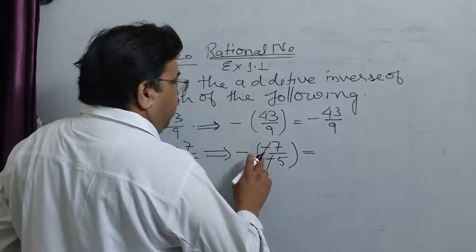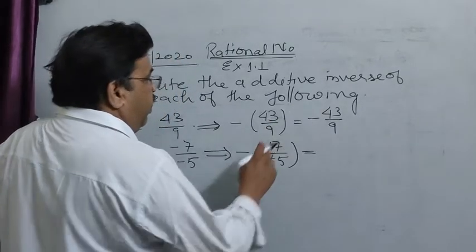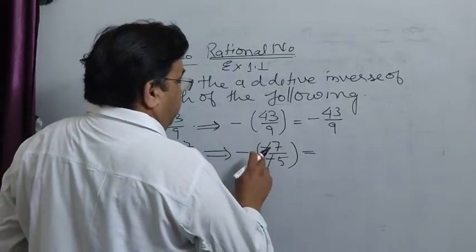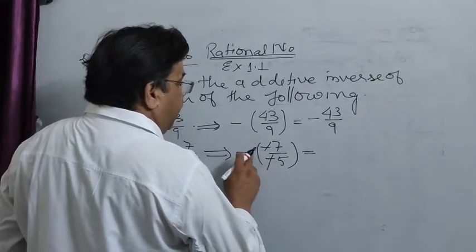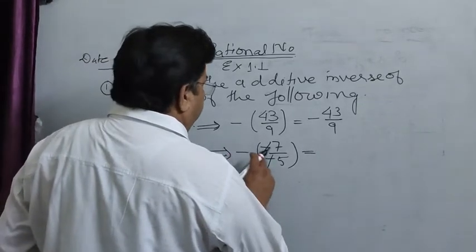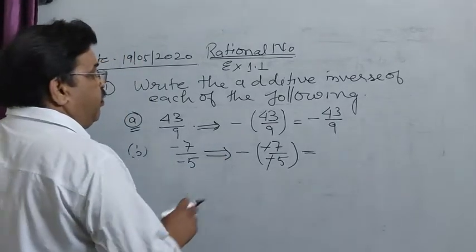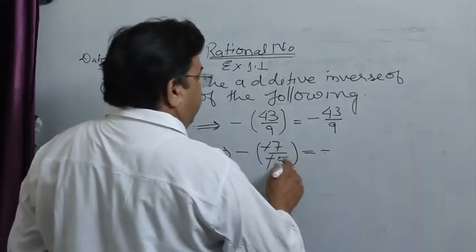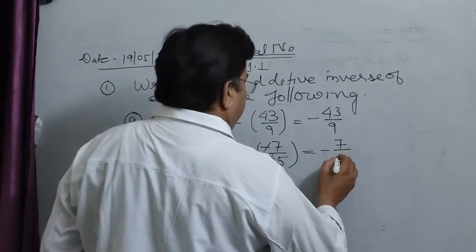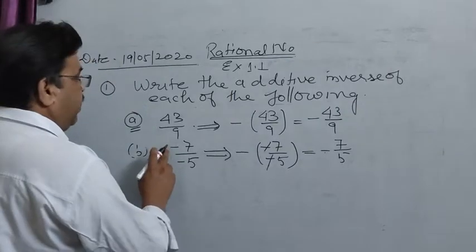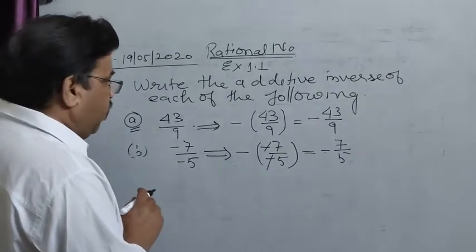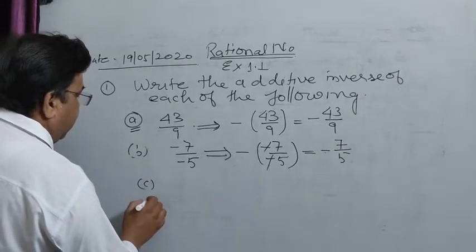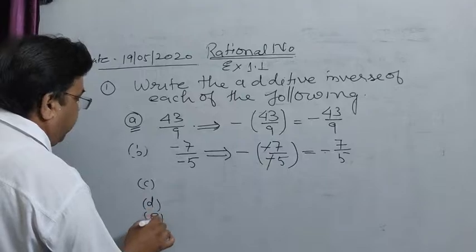When minus is cancelled by minus, the remaining sign is positive, and when we multiply different signs, positive and negative give a negative sign. Now you can write the additive inverse of -7/-5. You can solve questions C, D and E at home by yourself.